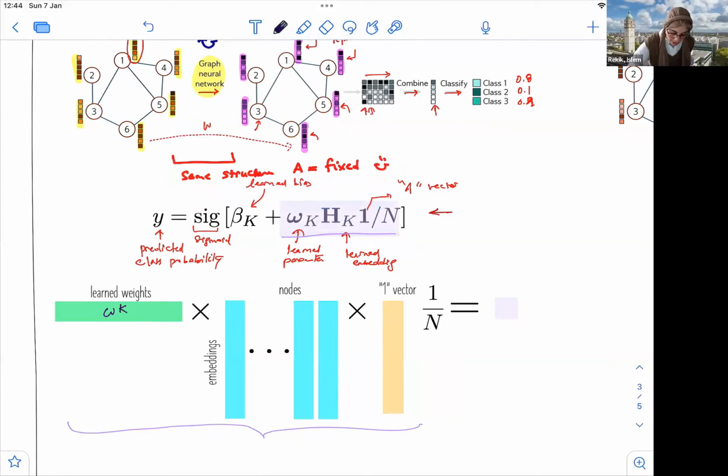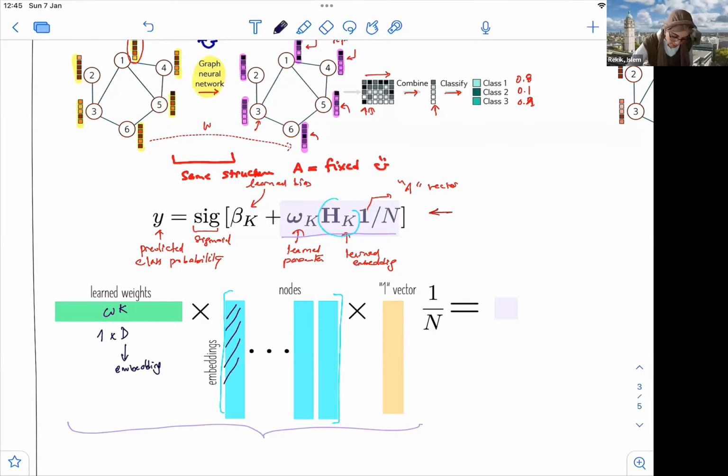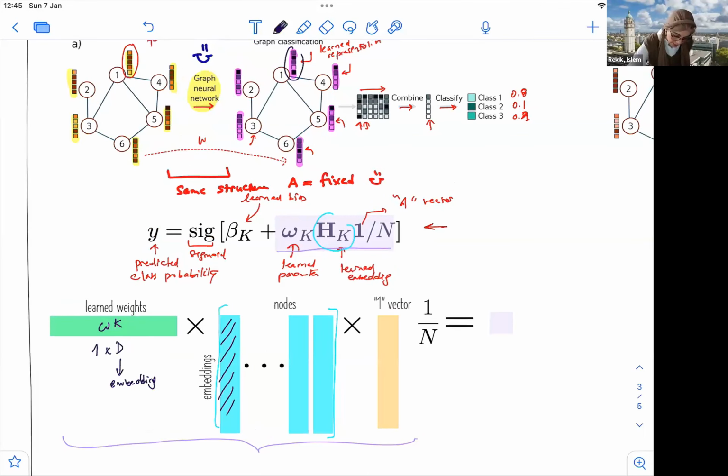And W has D values, so it is 1 times D. D is the size of the embeddings, so it needs to be of the dimension of H because we're going to multiply it by H. So H is this matrix, and H^K is the matrix that stores all embeddings for each node. This is the embedding learned for node 1, this is the embedding for the last node, node 6. We call it K because K is the final layer, all right?